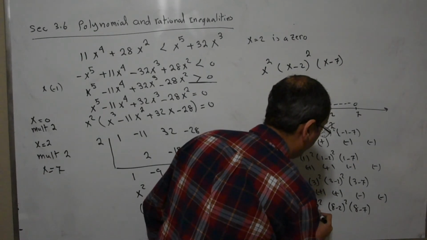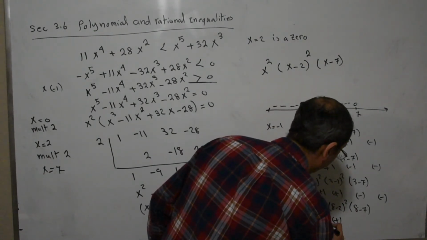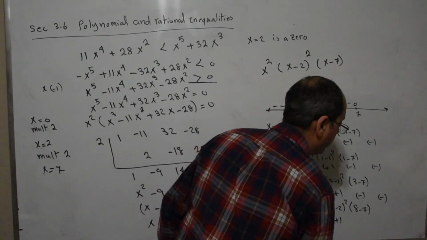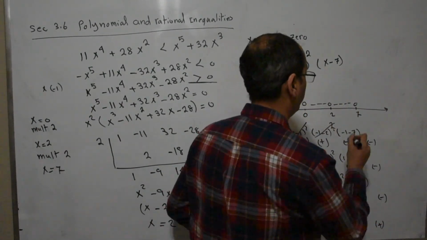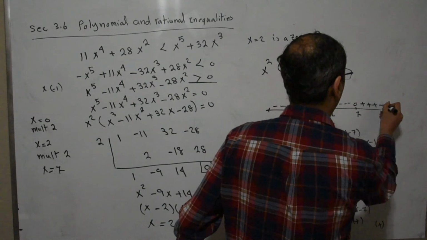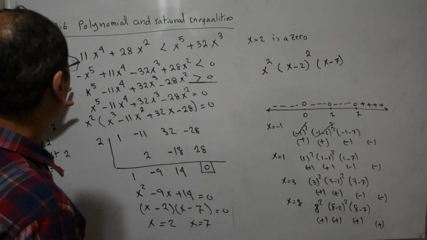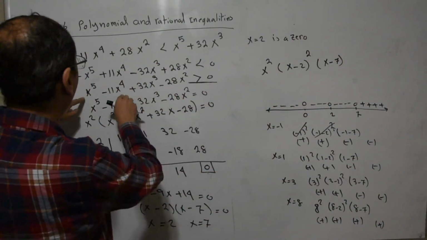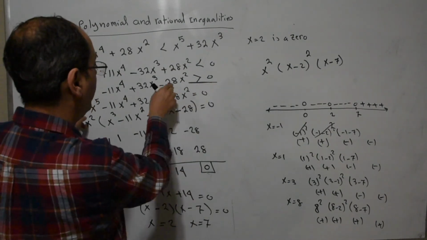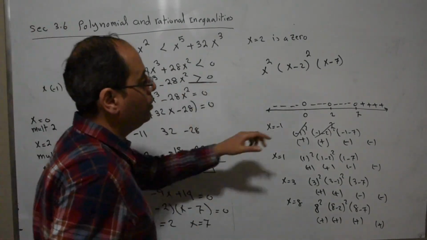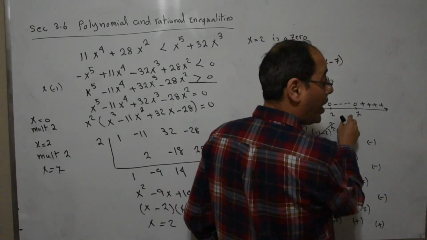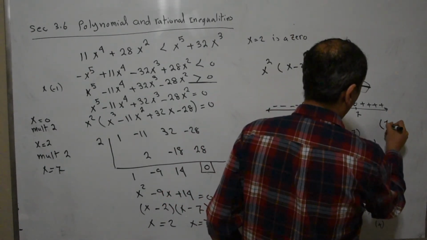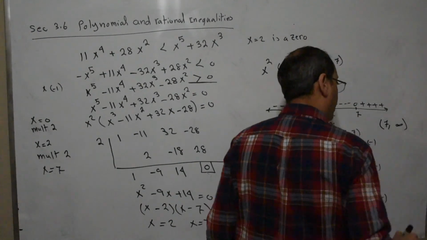Again, positive, positive, and 8 minus 7 is 1, positive, so the answer is positive. So here is positive. Now back to my problem. I want the interval where the expression is positive. So that must be this one. 7 is not included, so my answer would be 7 to infinity.